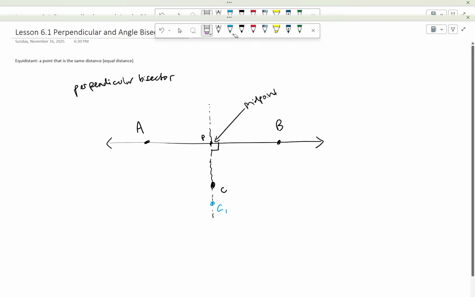A second C, not C subscript 1, C prime, means that C has been translated or moved along that perpendicular bisector. What we accomplish is that this point C is going to be equidistant to both B and A.